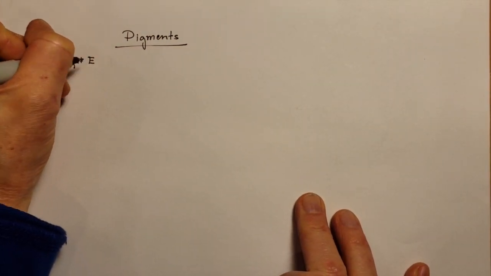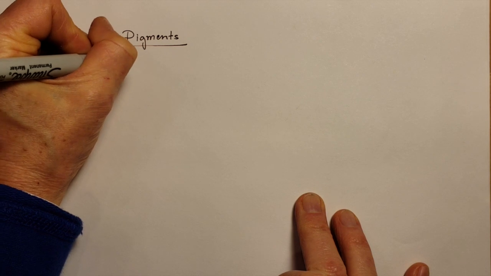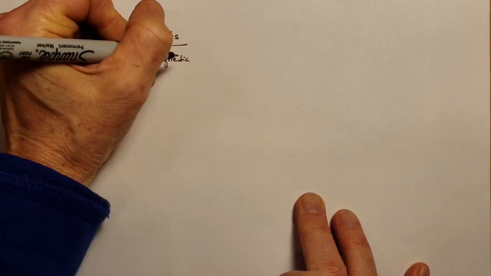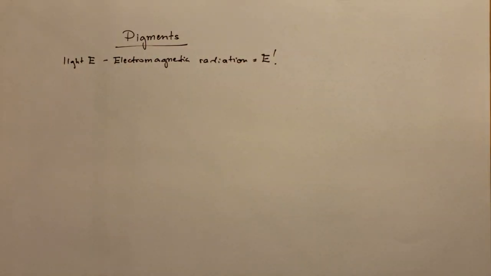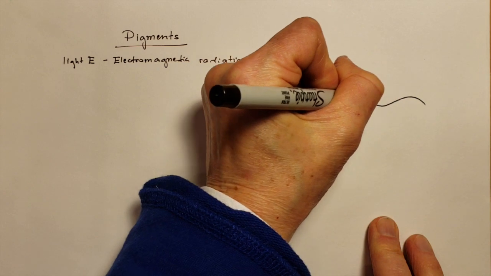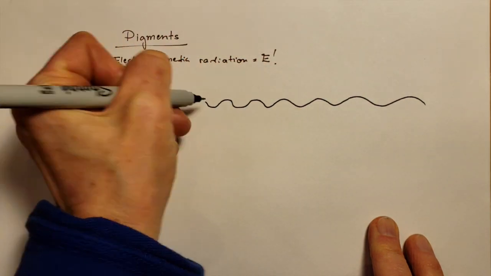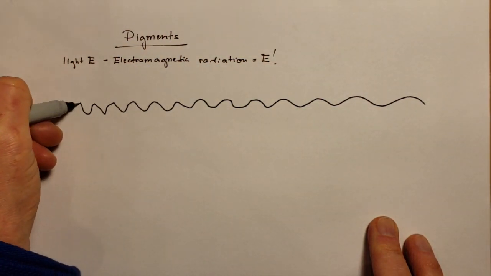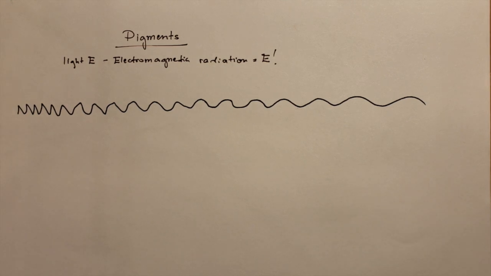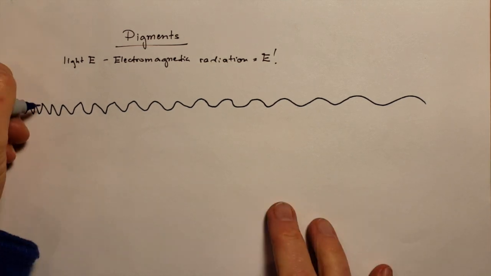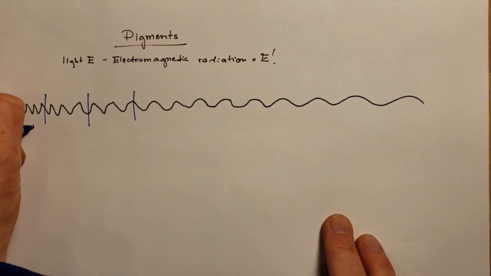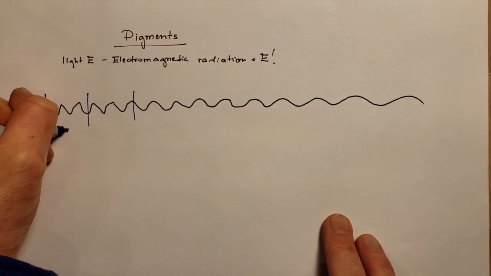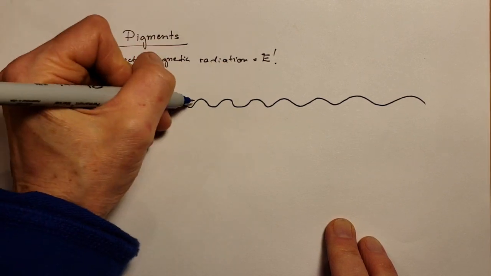The pigments are materials that absorb light. The light is an electromagnetic radiation. It contains energy. This acts as a wave, and at the left is high frequency, and as we go towards the right, the frequency will decrease.